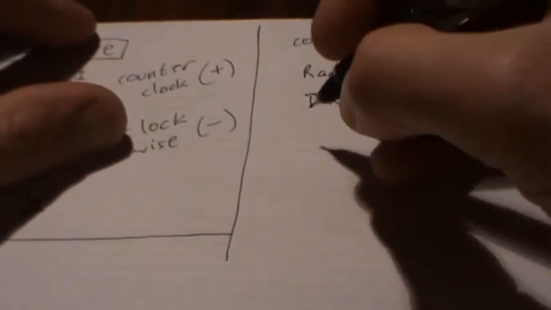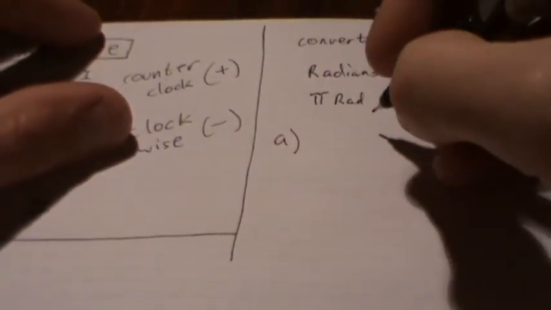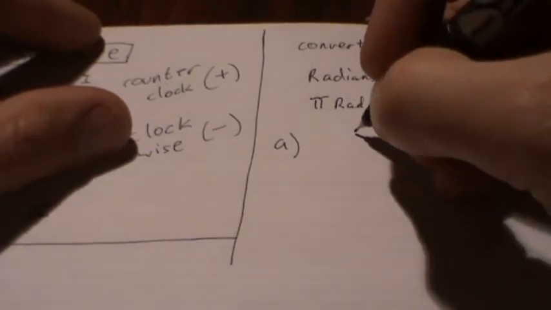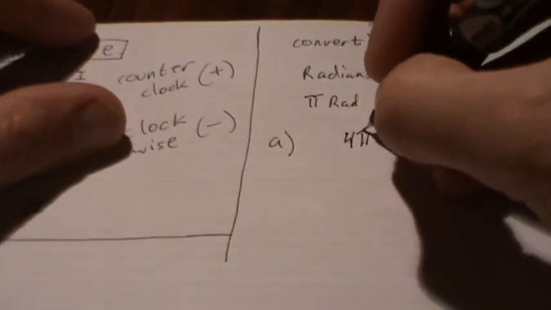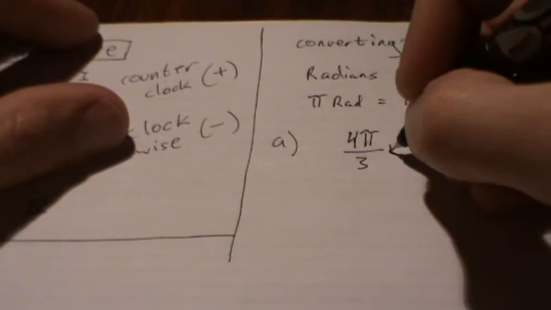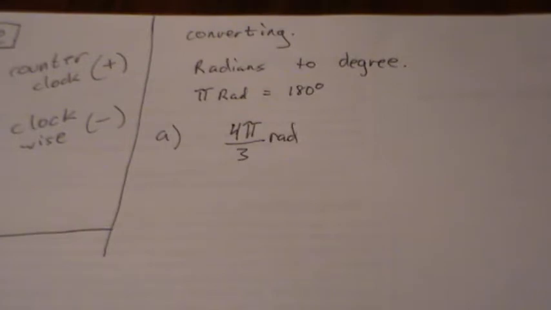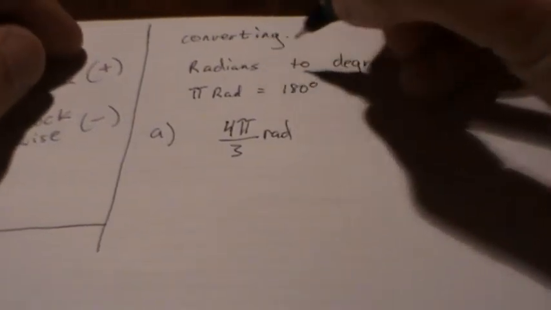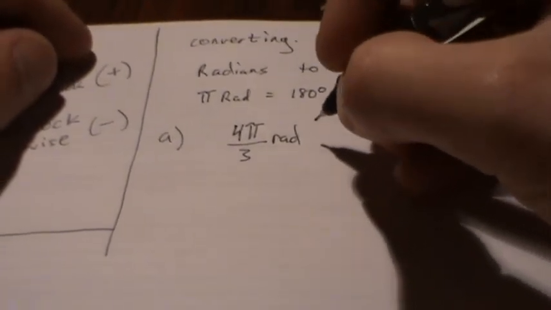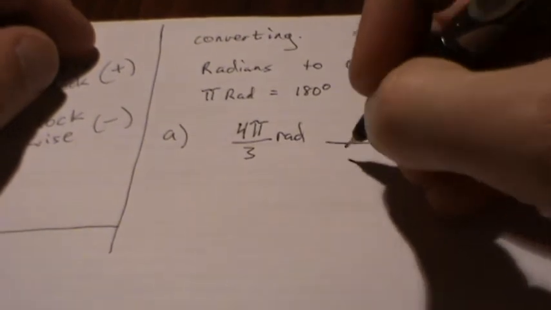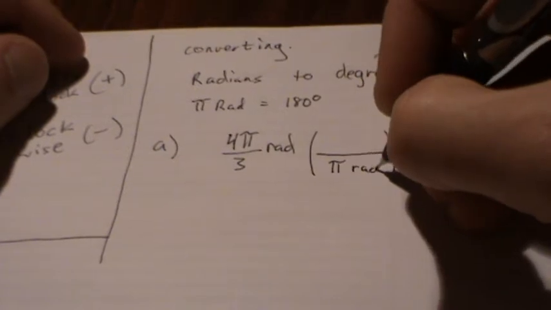And so you'll see radian conversions in one of 2 ways. It'll ask you to take maybe 4 pi over 3 radians and convert it into degrees. So we'll do radians to degrees. Now, in order to convert to degrees, we're going to have to multiply by a fraction, 180 over pi radians.